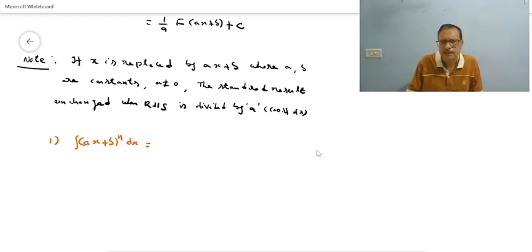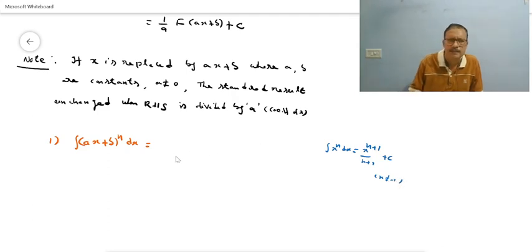We know that integral of x to the power of n dx is equal to x to the power of n plus 1 by n plus 1 plus constant, where n is not equal to minus 1.